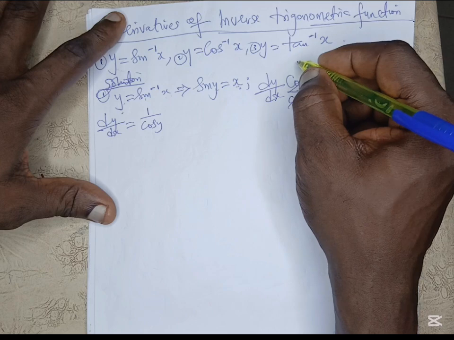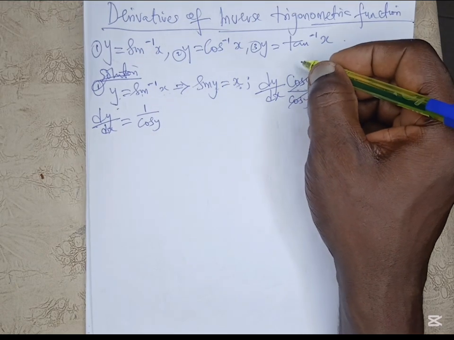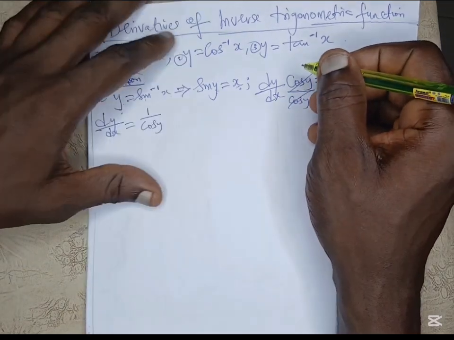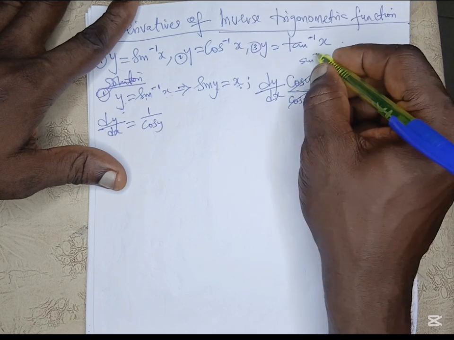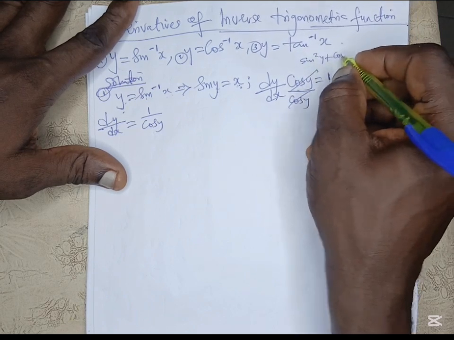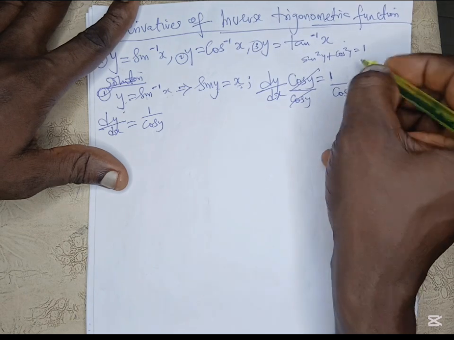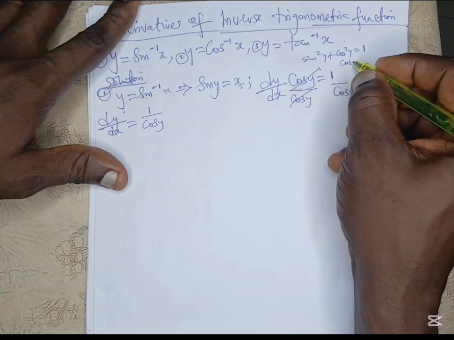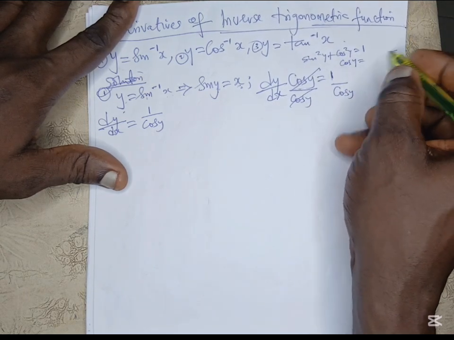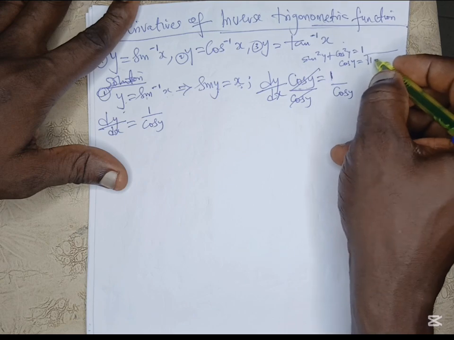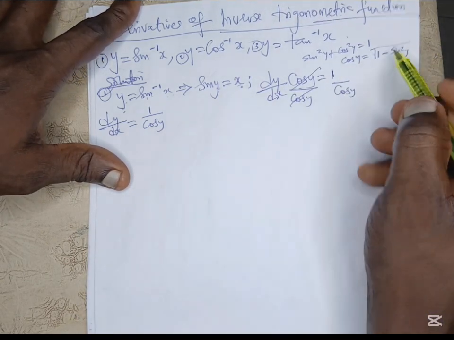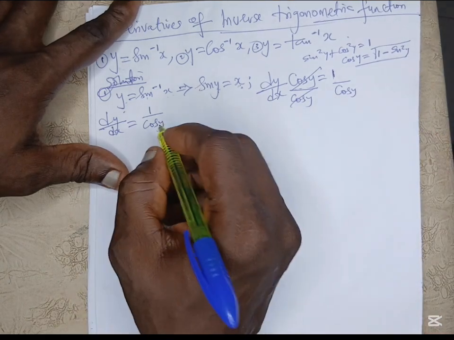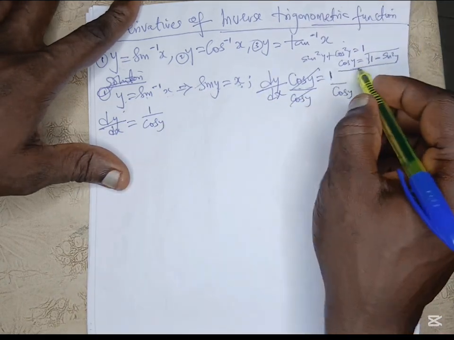So recall that sine squared y plus cos squared y is equal to 1. So we make cos y the subject of the formula, and we have this. It's very important to take note of this expression. This is cos y.